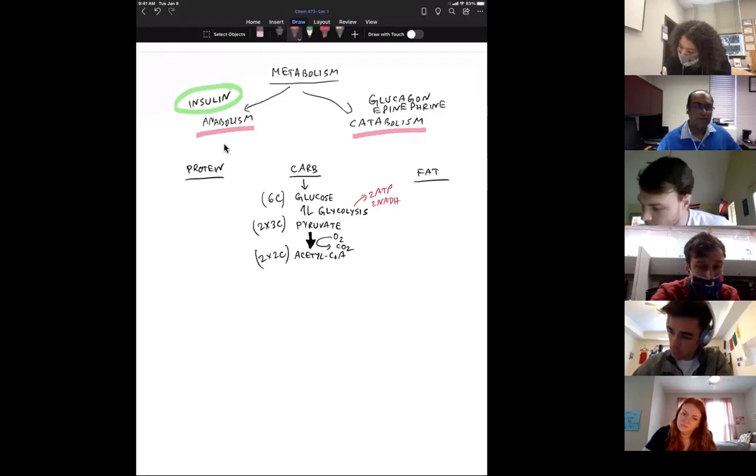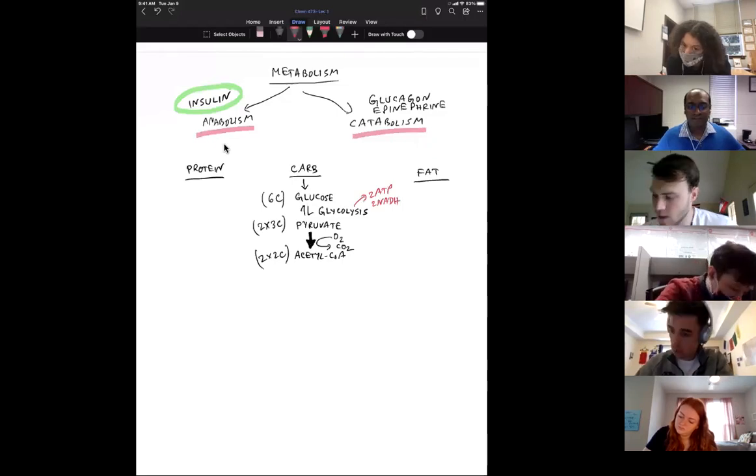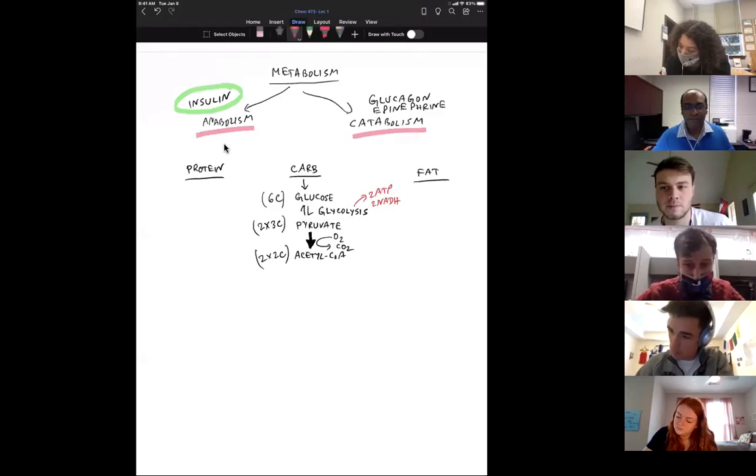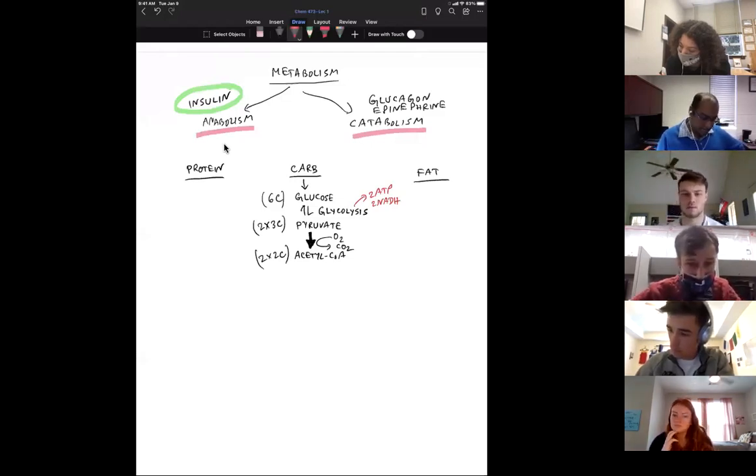All right, there we go. So we make electrons. From glucose, glycolysis makes 2 ATP and 2 NADH. This process here also makes 1 NADH.